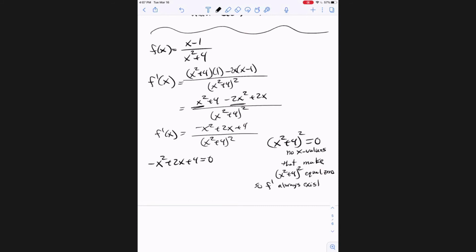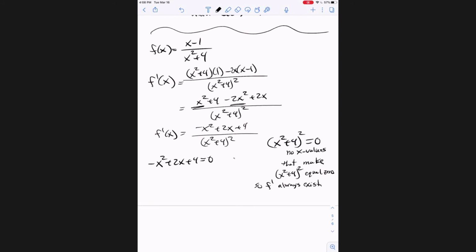Because remember, if the denominator is 0, those would be the values that make the derivative undefined or not exist. But since the denominator can never be 0, the derivative will always exist. But can the derivative ever equal 0?